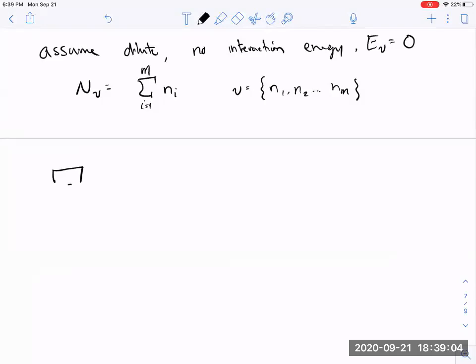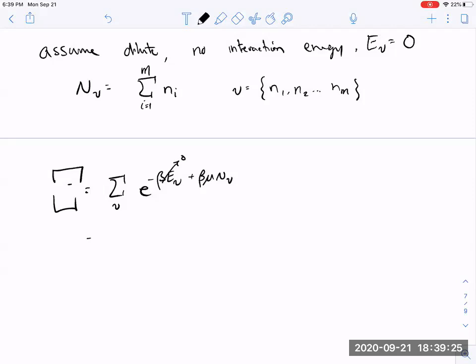So the grand canonical partition function is written as a sum over microstates weighted by the energy of that microstate, which is 0, and a fluctuating number of particles multiplied by beta mu.